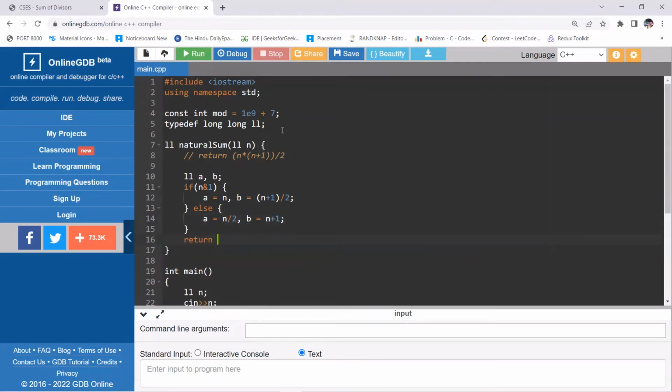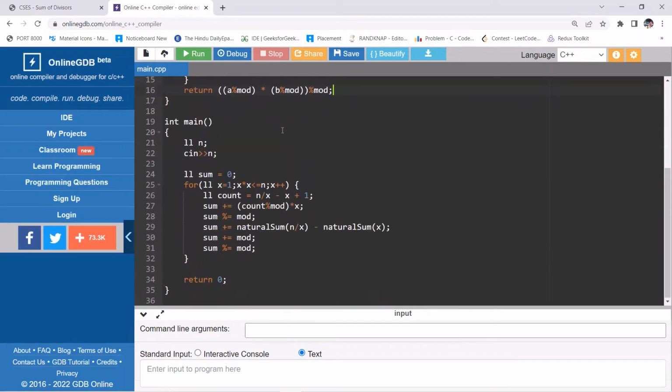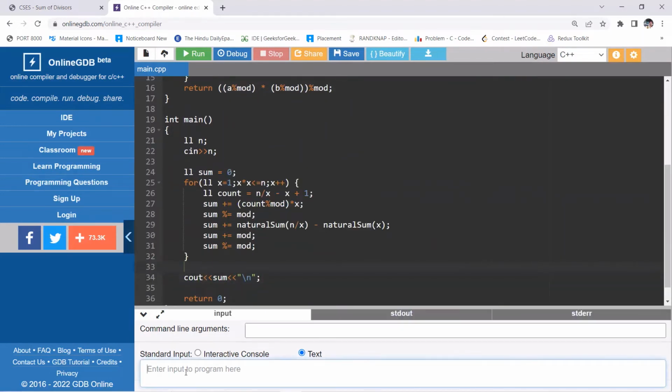Now we can just multiply these and take the modulo, so we can take a modulo mod and multiply it by b modulo mod and take modulo. Okay, now we can just print out this sum. Now for n equal to 5 we should get 21.